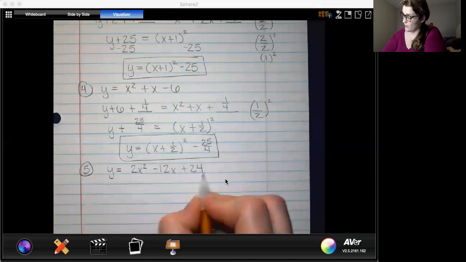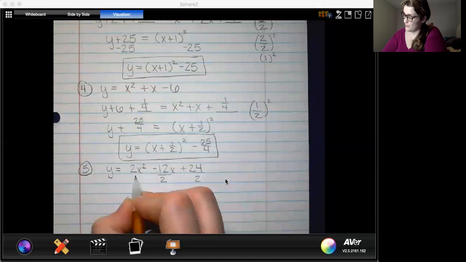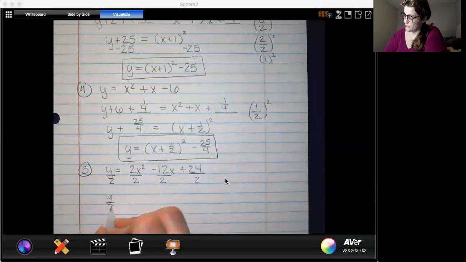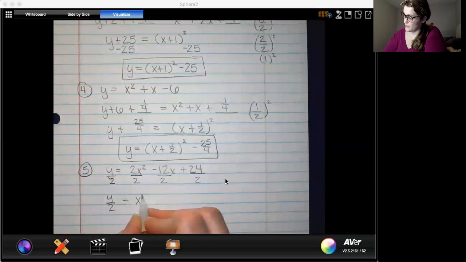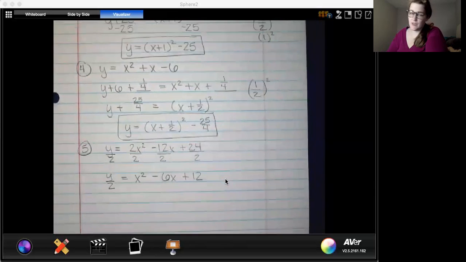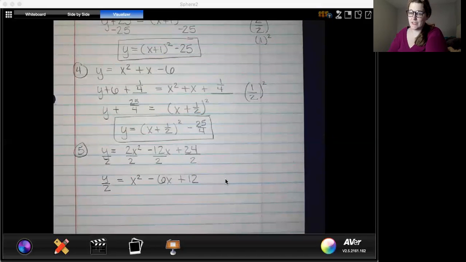So I need to divide all of these by 2. So we get y divided by 2 equals x squared minus 6x plus 12. Okay. And I'm going to let you try from here to get the answer. Go ahead and problem solve a little bit and use 3 and 4 as your guide.